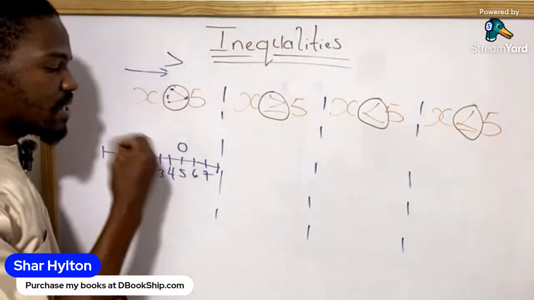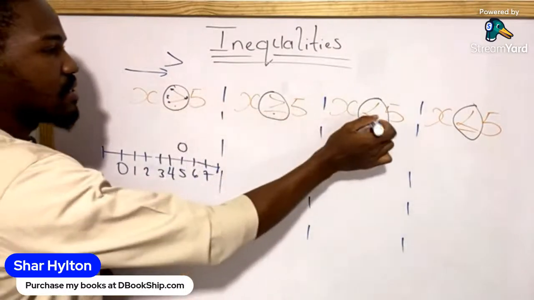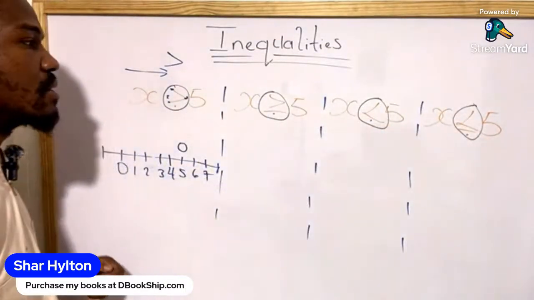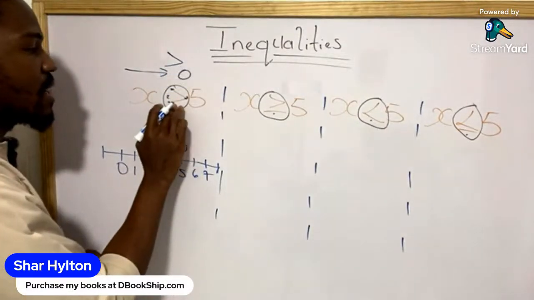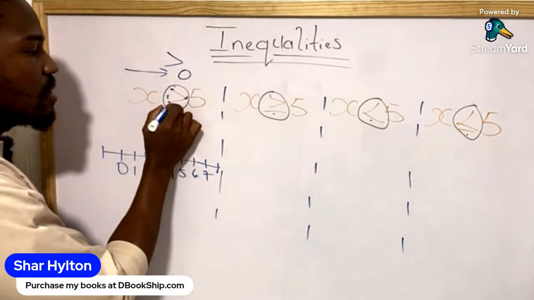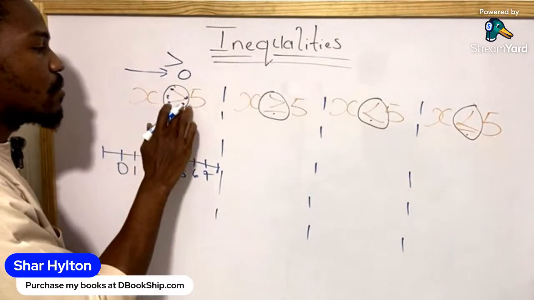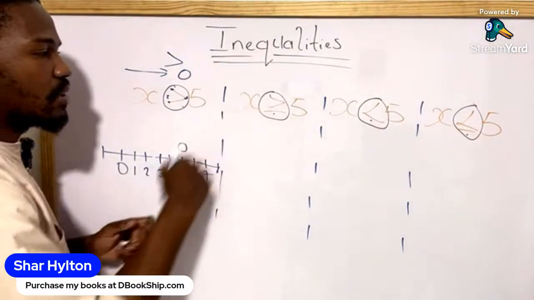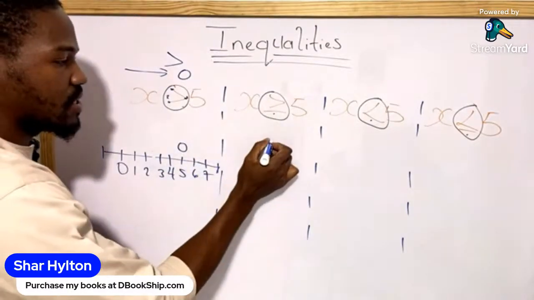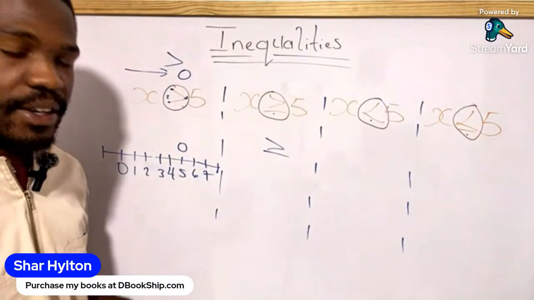Now, in representing all of these inequality symbols on number lines, we actually use an open circle for the ones that have no line under them. I also need to explain the difference with the inequality with the line under it.